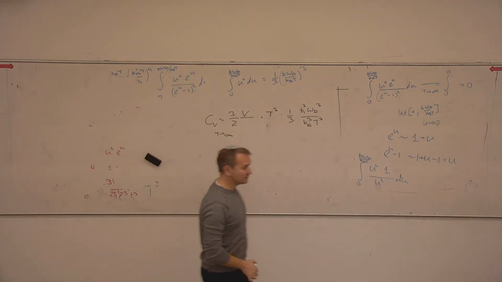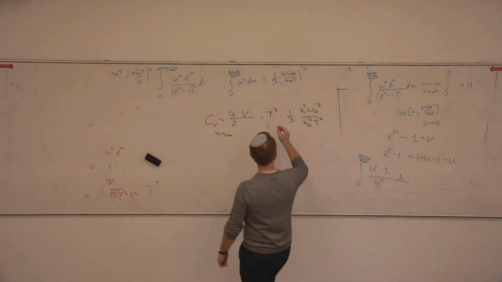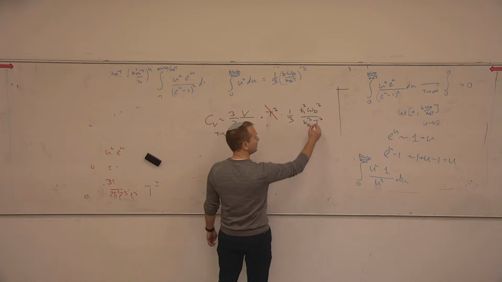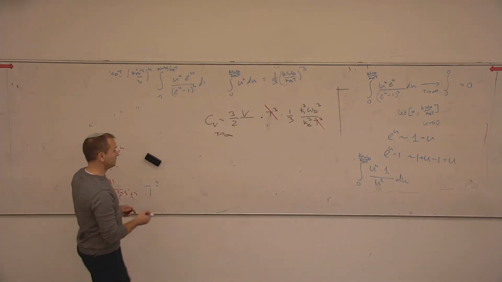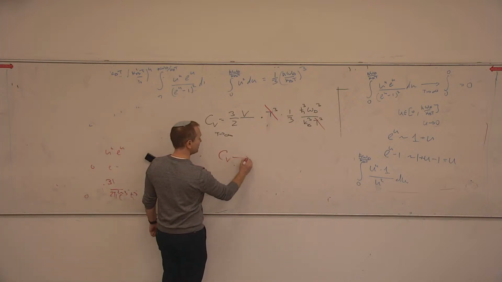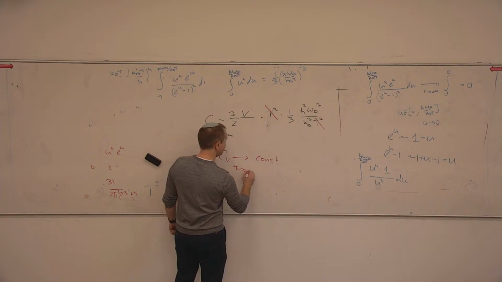The nice thing is, it becomes independent of the temperature. T to the third over here, T to the third over there. So C_V goes to a constant when T goes to infinity.